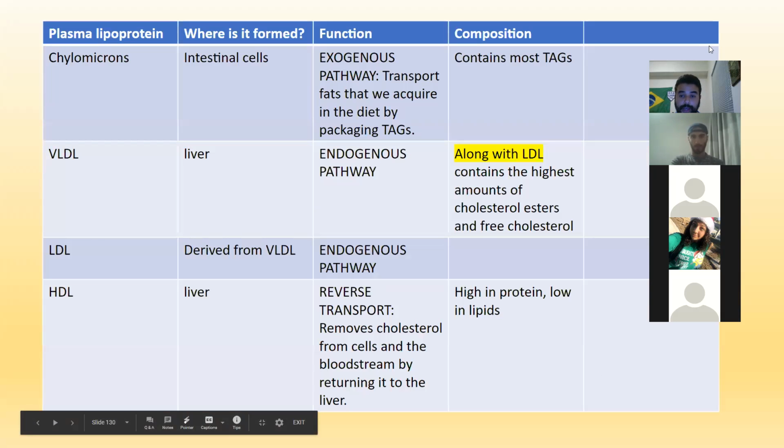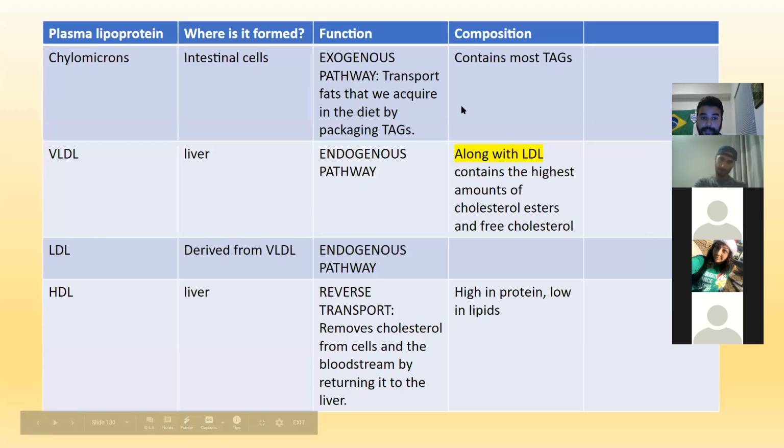So here's just a graph explaining all the different plasma lipoproteins and where they're formed, which is also very, very important. Where they're formed, their functions, for example, which pathways they go towards, right? Our exogenous, our endogenous, or our reverse transport, and what they usually mostly contain, right? Just a reminder that we talked about chylomicrons, I think in the second exam, if I'm not mistaken.